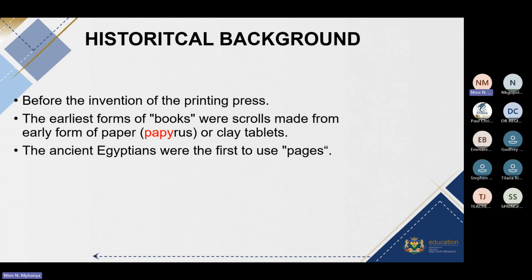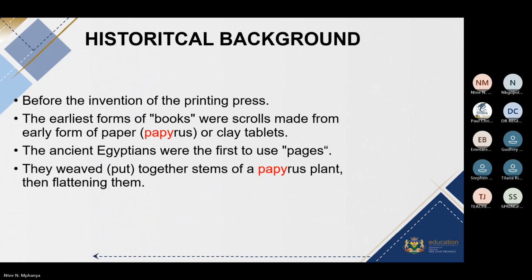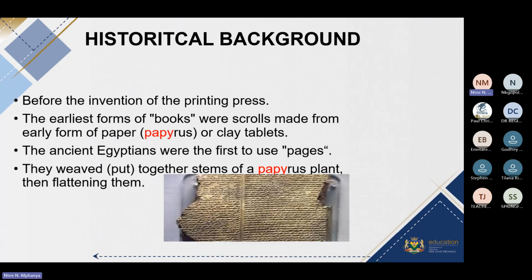It was only a tablet or a form of a single paper. They wove or put together stems of a papyrus plant, then flattened them. This is what it looked like. The earliest form of a page looked like this. It's a single flat page.